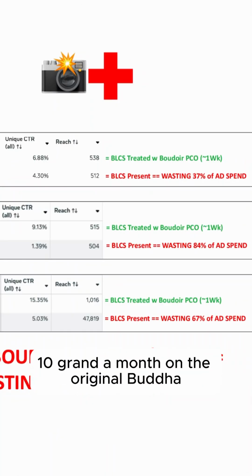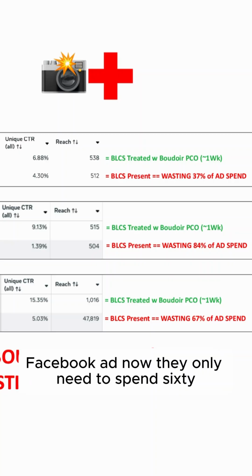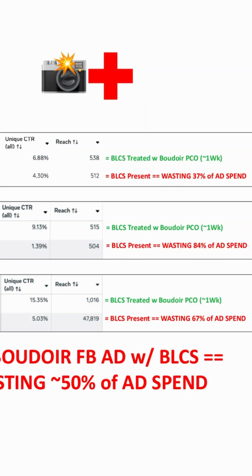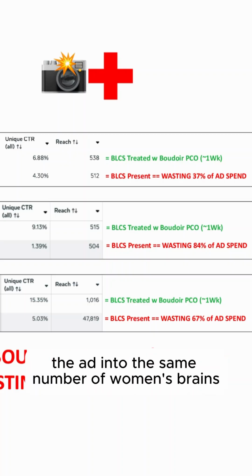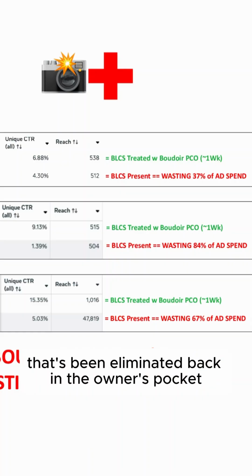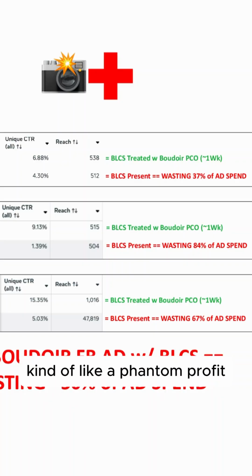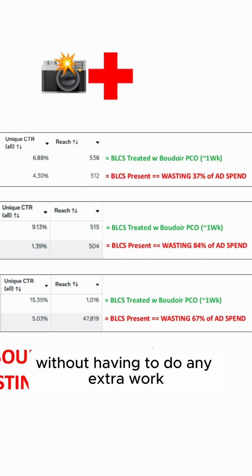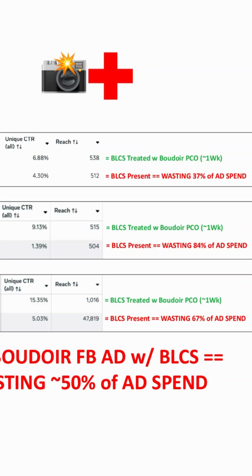If they're spending 10 grand a month on the original Boudoir Facebook ad, now they only need to spend 6,300 bucks a month on the Boudoir Pico treated ad to get the ad into the same number of women's brains in both scenarios. So 3,700 bucks a month of wasted ad spend eliminated, back in the owner's pocket. They no longer have to spend it, kind of like a phantom profit. That's like 40K over the next 12 months without having to do any extra work.